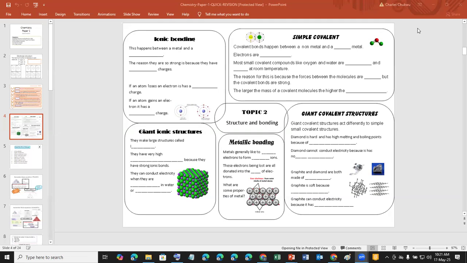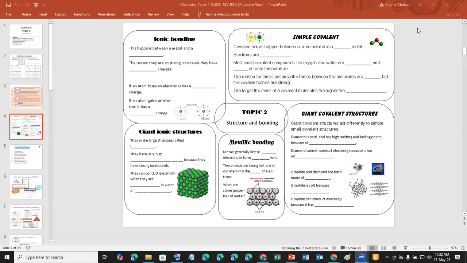An atom that either loses or gains an electron, depending on whether it's a metal or a non-metal, is no longer an atom, but is called an ion. For instance, sodium is 2,8,1. It will most likely release the last electron in its outermost shell so that it becomes 2,8.